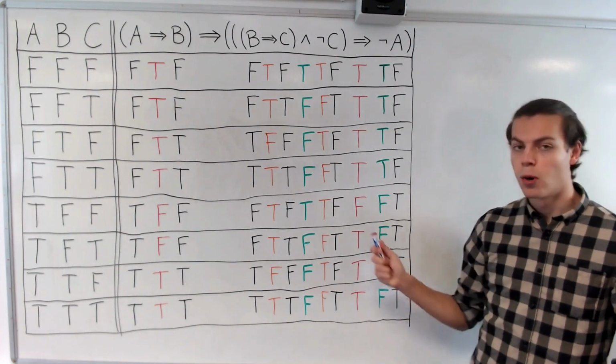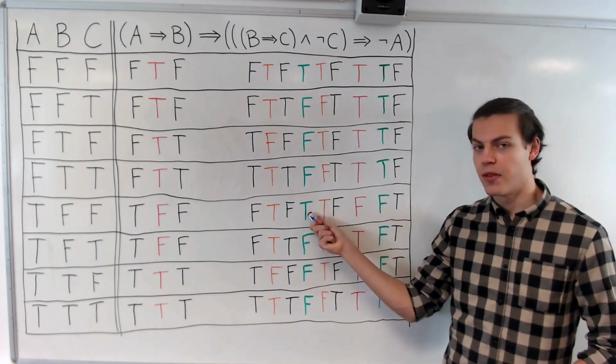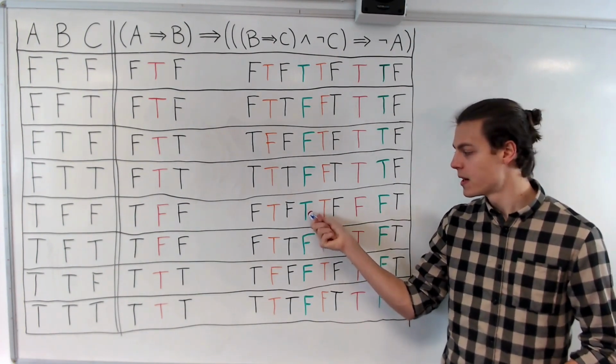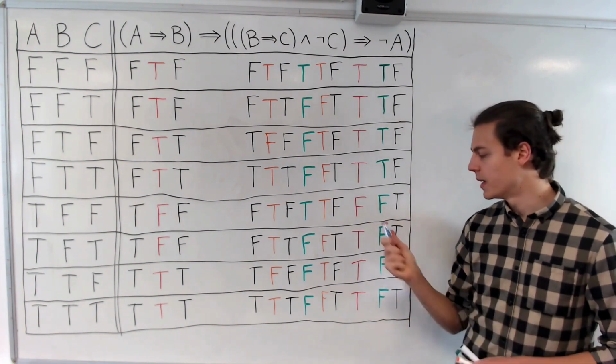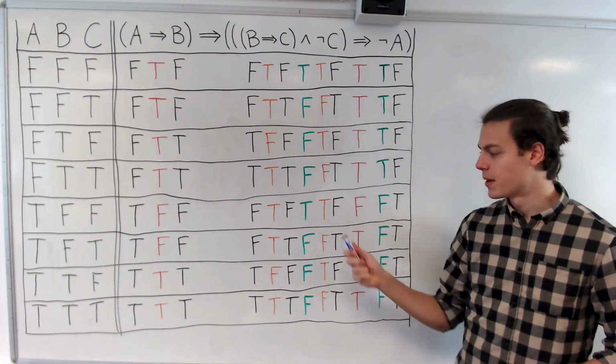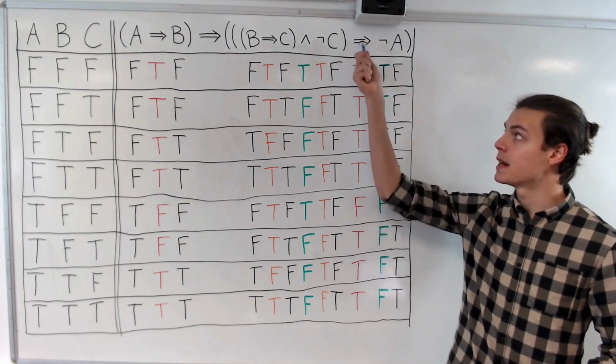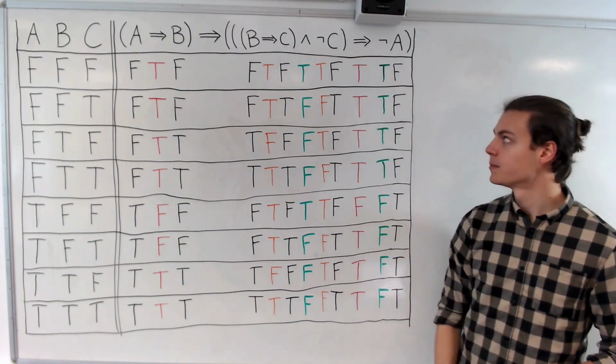You'll see there is just one row where the first green column is true and the second green column is false. So this is the only case where this implication will be false.